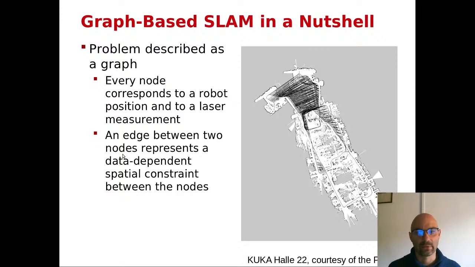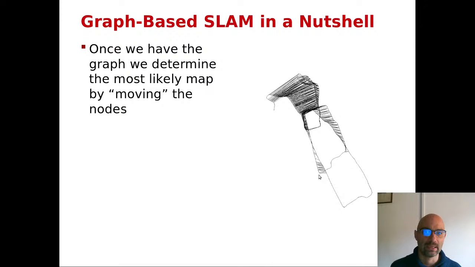Now, once we have constructed this graph that we could imagine as a graph of springs and masses, we could basically forget about the way that we used to construct such a graph. And we will see registration is one way of determining the edges, which means constructing the graph.